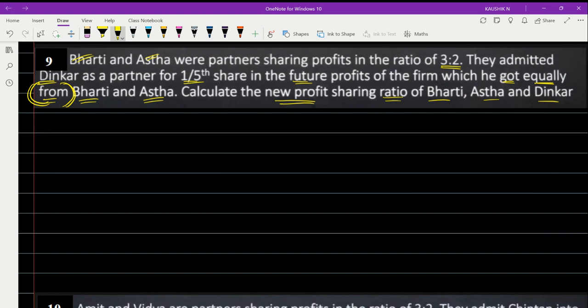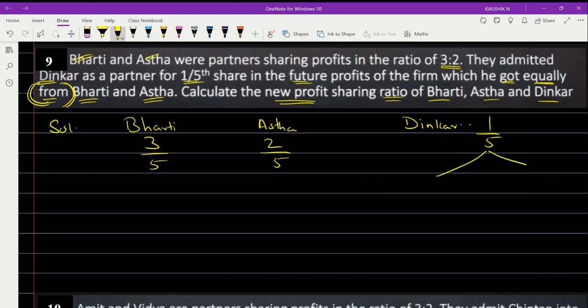Okay. Now let's go for the calculations. Bharati and Asta. The profit sharing ratio is 3 is to 2. That means 3 by 5 and 2 by 5. The new partner is Dinakar, and Dinakar has been admitted for 1 by 5 share in the profits.